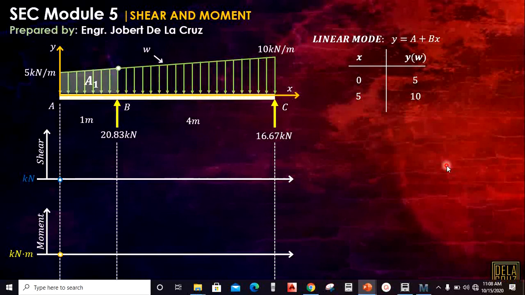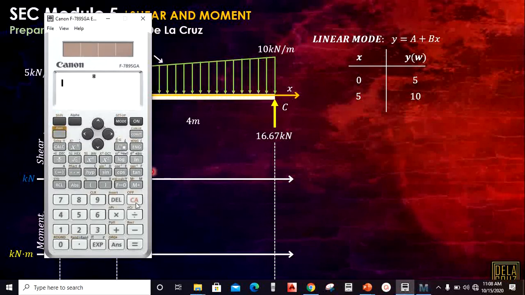Let me show it. Mode stat 3, then linear 2. I input everything: 0, 5, then 5 and 10.